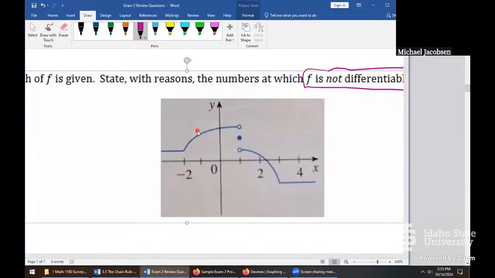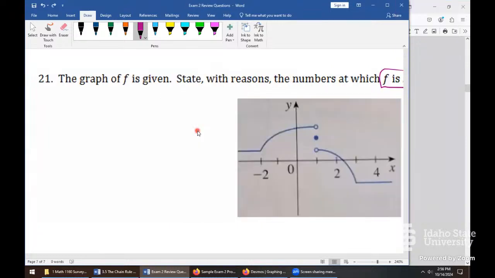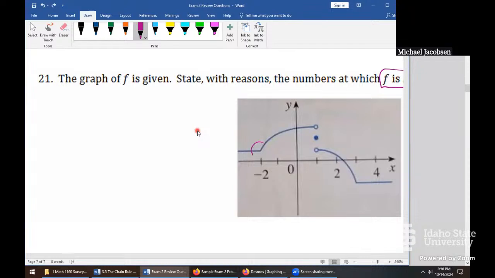The thing they can't have is a hard corner. It looks like a sharp corner like that, circled, and right here is a major problem.